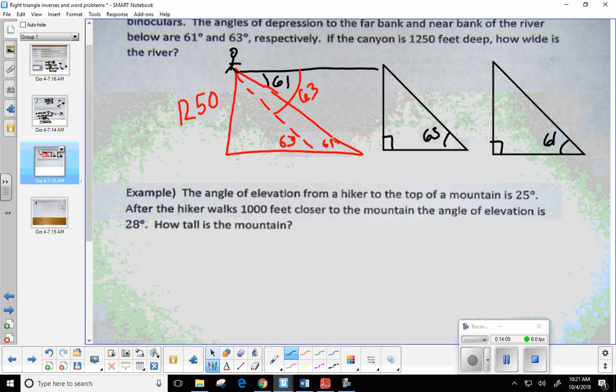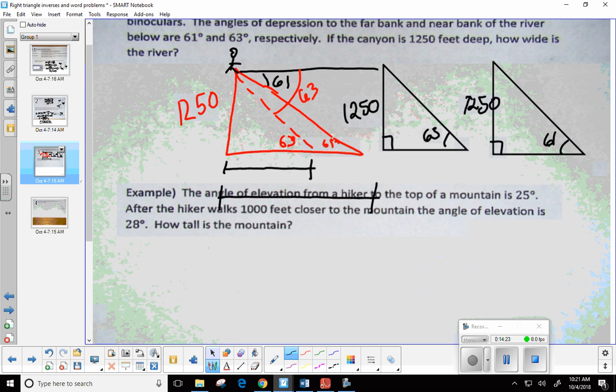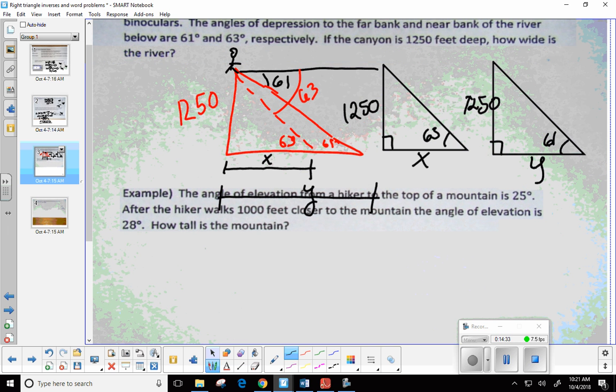And then the height of the canyon, as we've said, is 1250. We're solving for these two different lengths because we have these two different triangles. And so we'll say that the shorter length is x and the longer one is y. The shorter triangle is going to be 63 and the longer one's going to be 61. Okay. And so can somebody come and set up these two different trig functions for me?